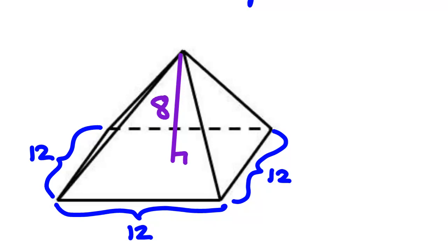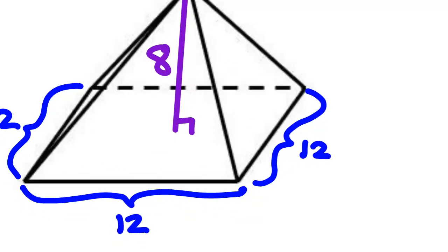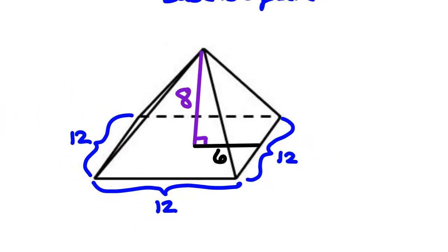That's 8. How far would it be to go from where that altitude hits my base over to the base edge? 6. Half of my base edge.